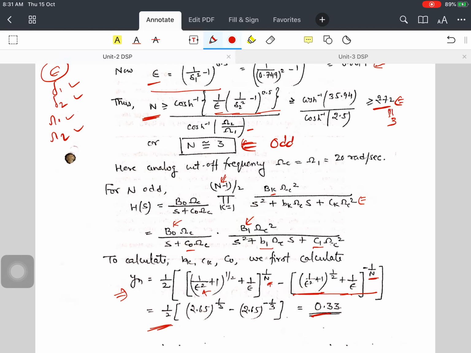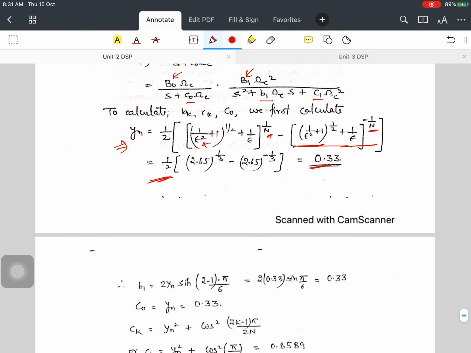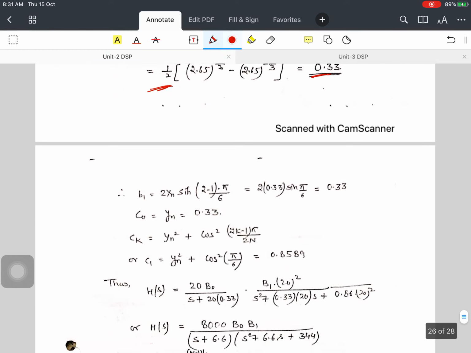After calculating this yn, now we can easily calculate the value of b1.